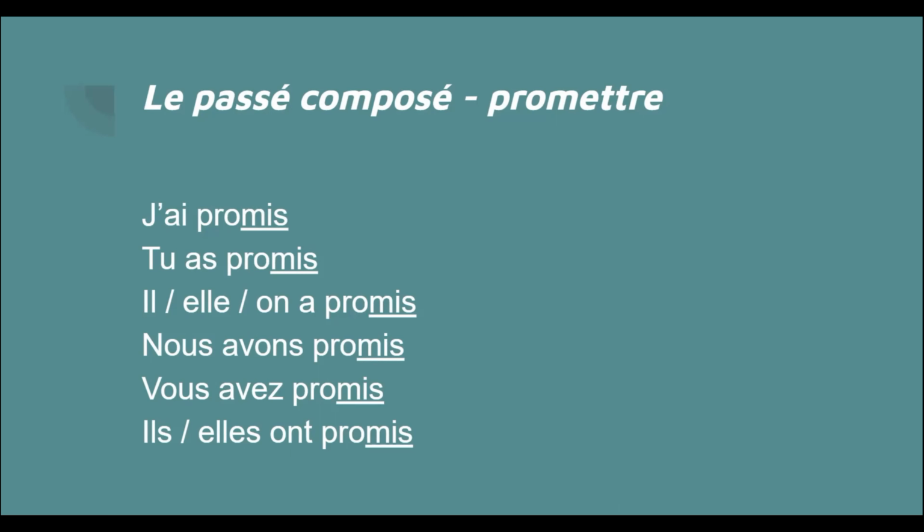And then for mettre, we only had mis, but here, since the verb is promettre, we use promis. So whatever was in front of mettre, we still keep that, and then we conjugate it exactly the same way as we would conjugate the verb mettre.